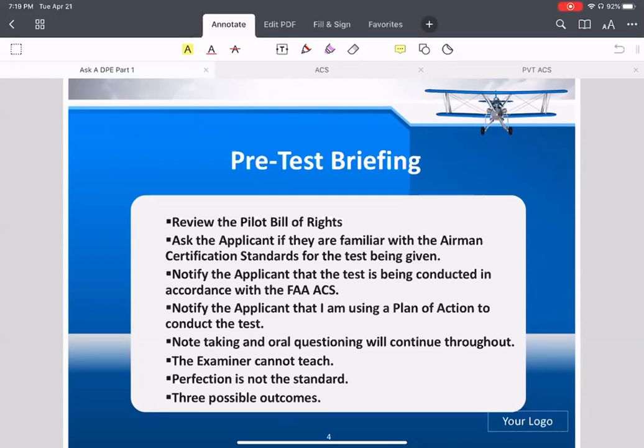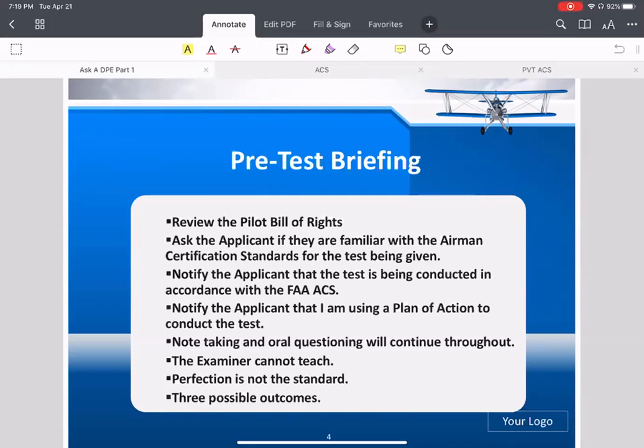Then I need to notify you that I'm using a plan of action to conduct the test. The FAA has examiners create plans of action for every test, and literally it is a batch of questions associated with that oral exam that I use to guide me through the test, which includes these scenarios, and then it also includes the flight scenario and the maneuvers that are going to be conducted in the flight.